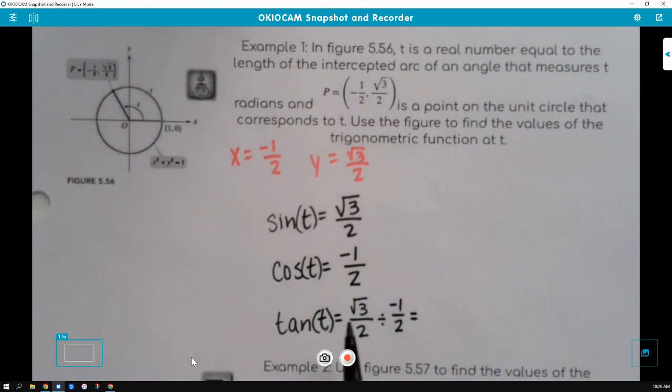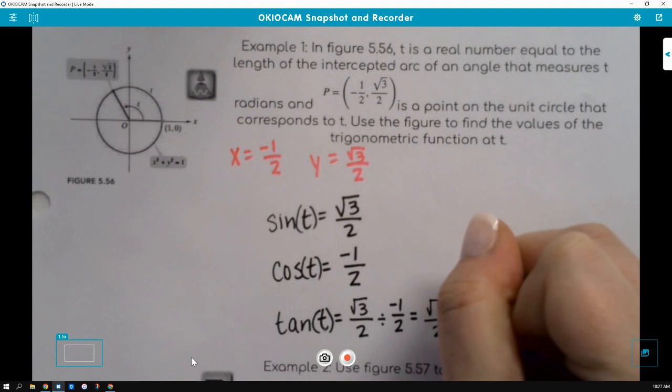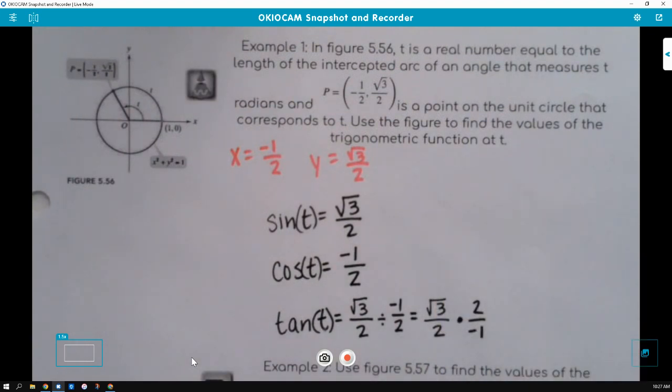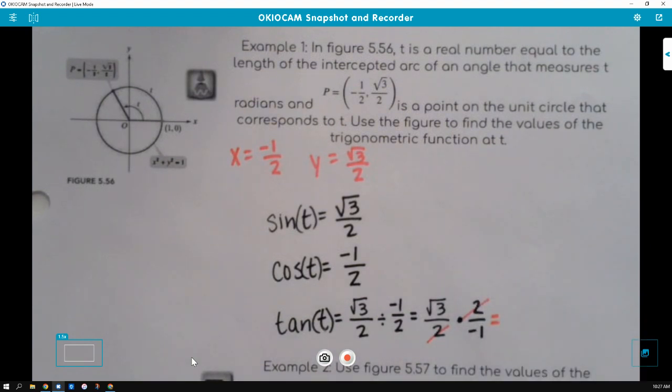So I'm doing square root of 3 over 2 divided by negative 1/2. I'm going to keep my first one, flip my second fraction and change it to multiplication. So these cancel. Tangent is negative square root of 3.